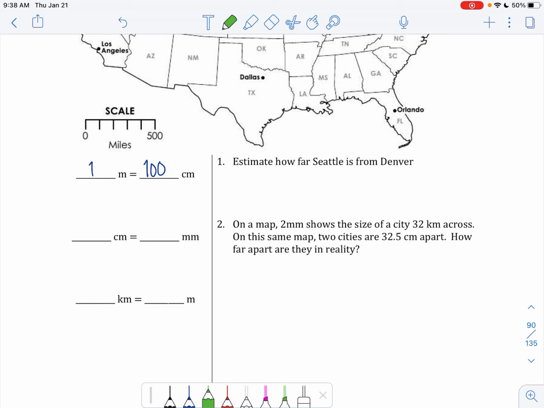You could also express that as 1 centimeter is 1/100th of a meter. 1 centimeter, you can think about as 10 millimeters. Sometimes I see students convert back to meters and then back down. Centimeters to millimeters, just 1 to 10. And then 1 kilometer is 1,000 meters, which you could also write as 1 meter is 1/1000th of a kilometer, like so.